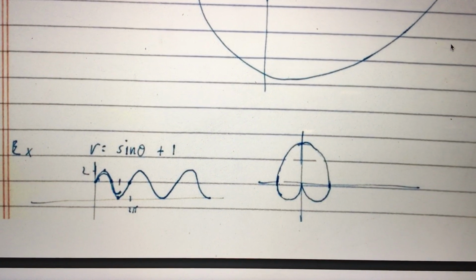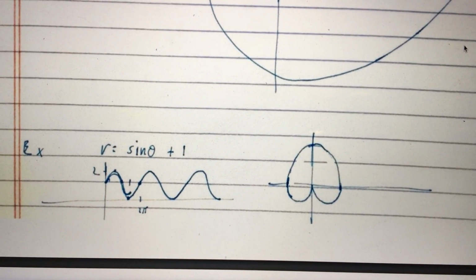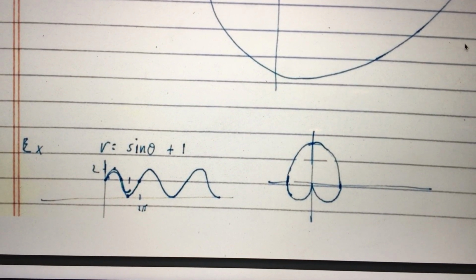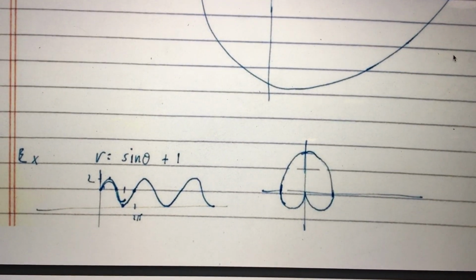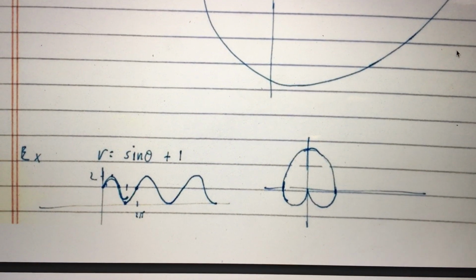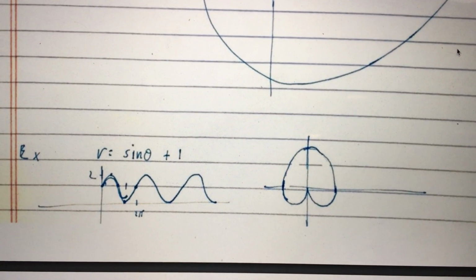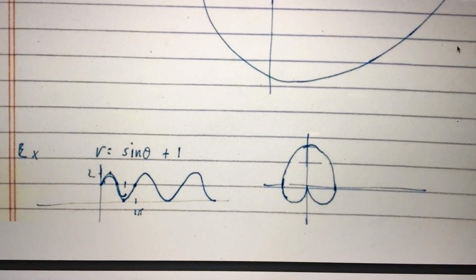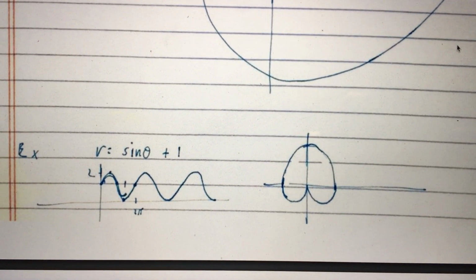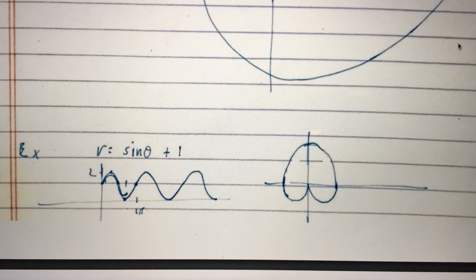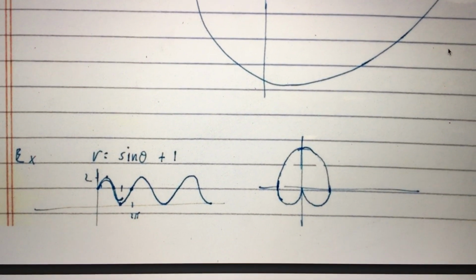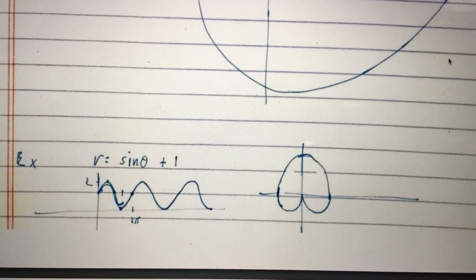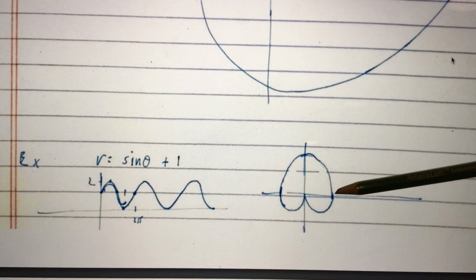So you can figure out what r equals sine theta plus 1 looks like. It's this upside down heart shape on the right, by first drawing r versus theta on a regular Cartesian graph. And that's the picture of sine theta plus 1. For instance, when theta is equal to 0, that's the first point at the left, that makes r equal to 1, which is the point right here.